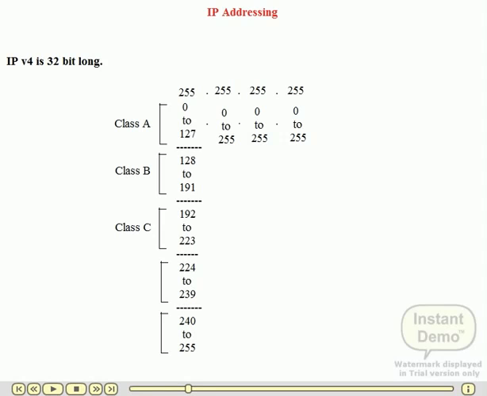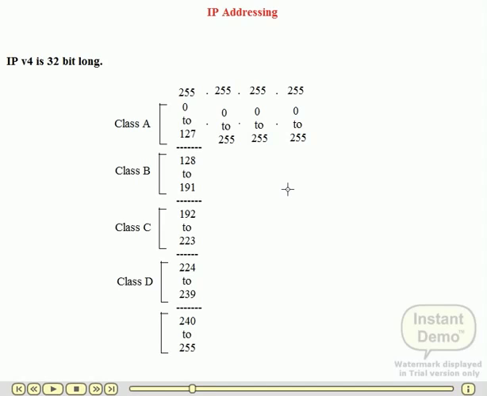Next, 224 to 239 is the range of class D. And last, 240 to 255 is the range of class E. Here class D and class E are not used in IP addressing.